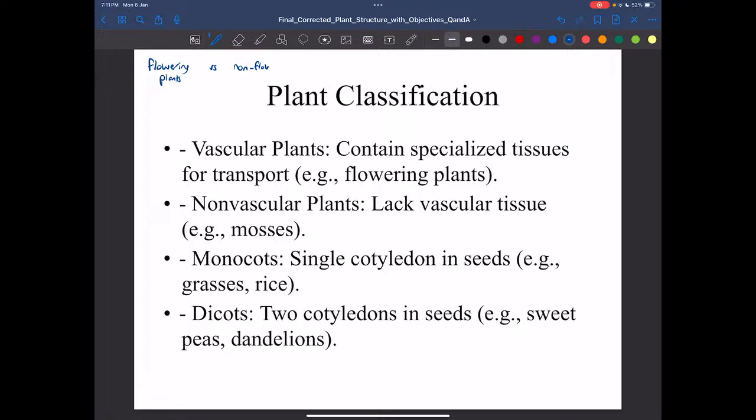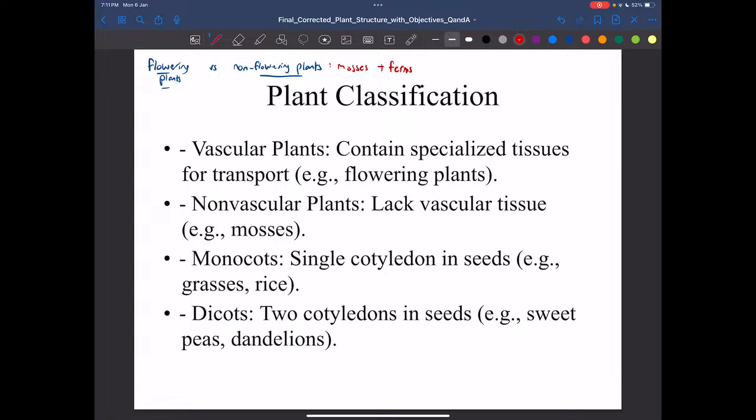As the name tells us, flowering plants produce flowers, while non-flowering plants do not produce flowers. Very simple. Examples of non-flowering plants are mosses and ferns, while for flowering plants, you can think of any plant that produces flowers.